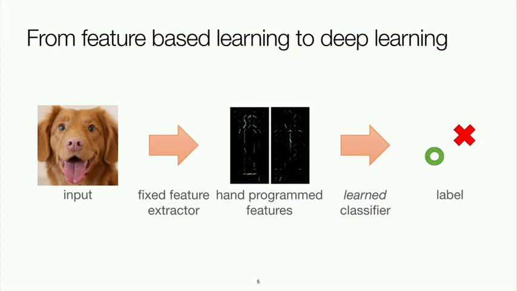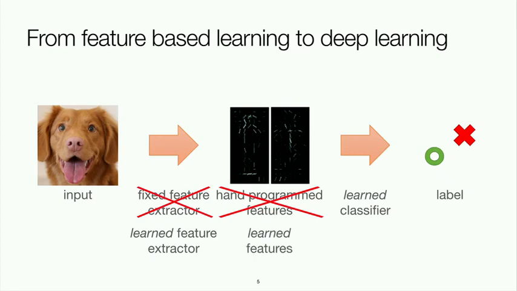The way that deep learning came in and changed this picture was that it replaced this fixed feature extractor with a learned feature extractor, okay? Some other function that goes from X to features that has its own parameters that we're also going to learn. So in turn, these hand-programmed features became learned features. And as it turns out, if you parameterize the neural network in the right way, then these learned features can oftentimes be much better than the hand-programmed features that you can come up with.